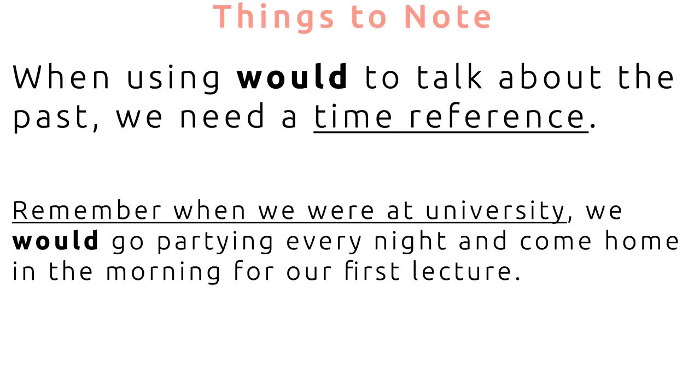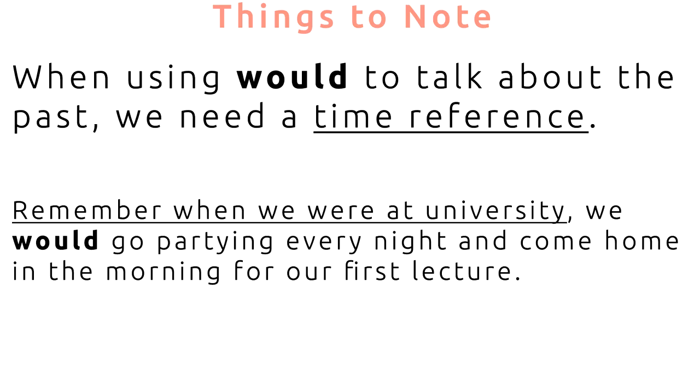When using would to talk about the past, we need a time reference. Look at the example below. Remember when we were at university, we would go partying every night and come home in the morning for our first lecture.